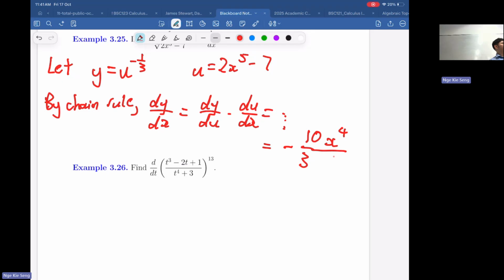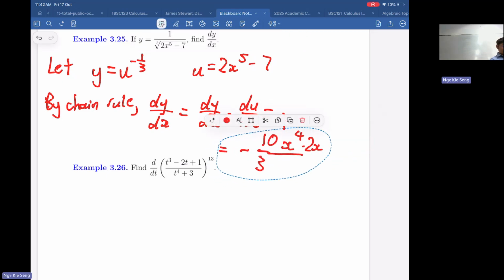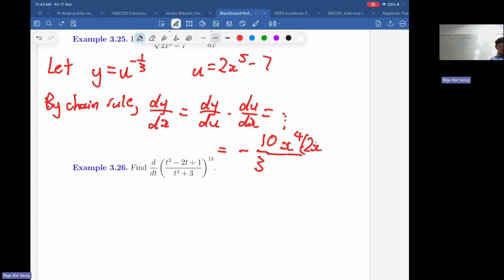Cube root. 2x, I mean the numerator. You need a bracket, 2x to the 5 plus 7, to the power of 4 over 3.